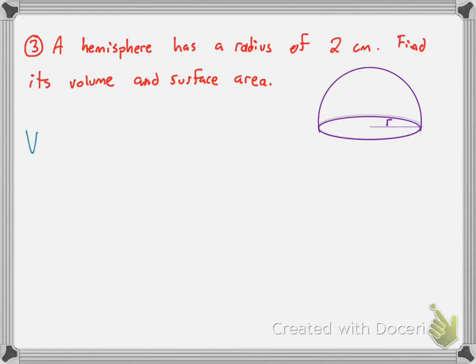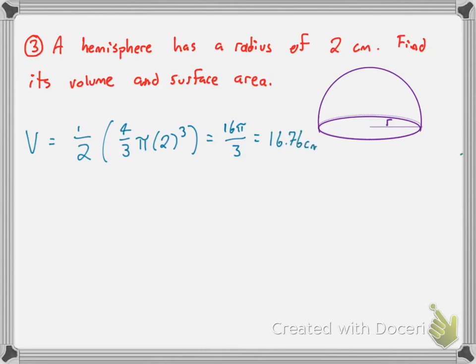So now my volume is going to be half of 4/3 pi 2 cubed. When I plug that into my calculator, I get 16 pi over 3, which is equal to 16.76 centimeters cubed.